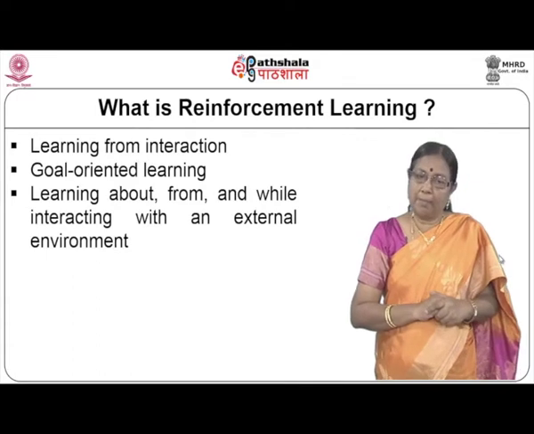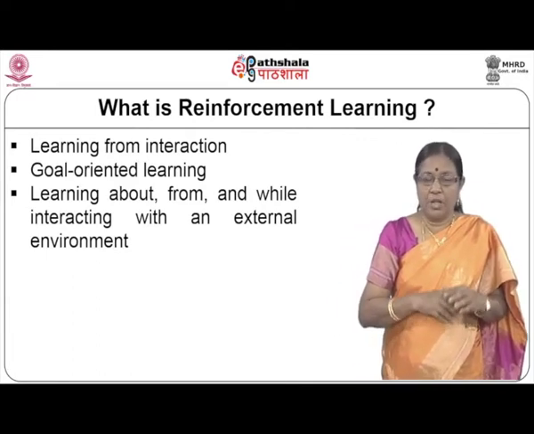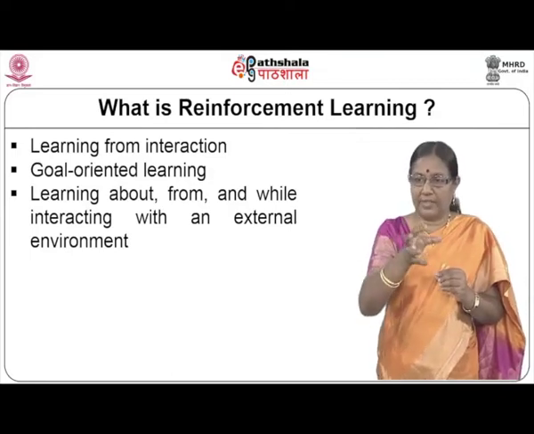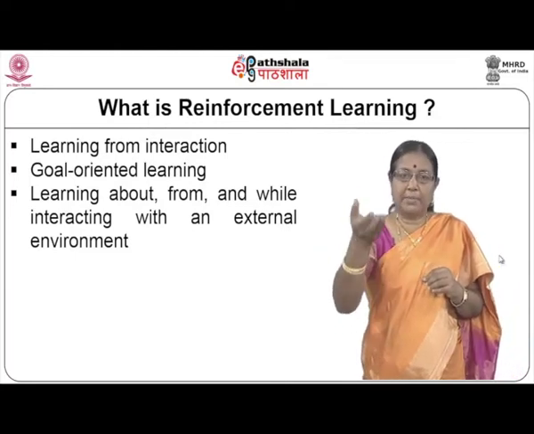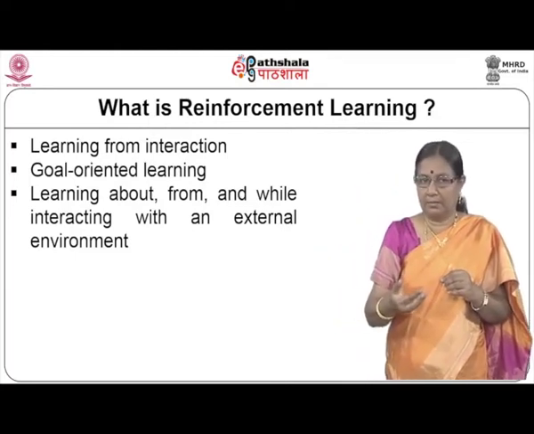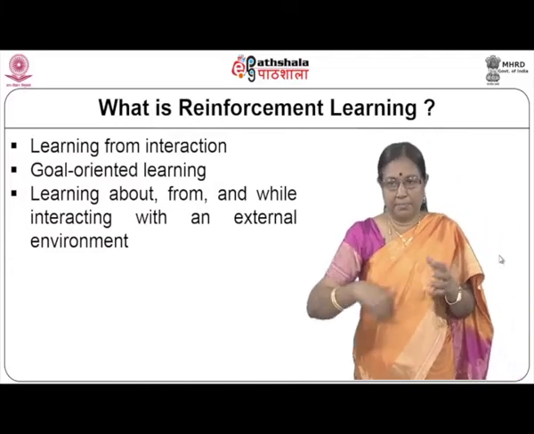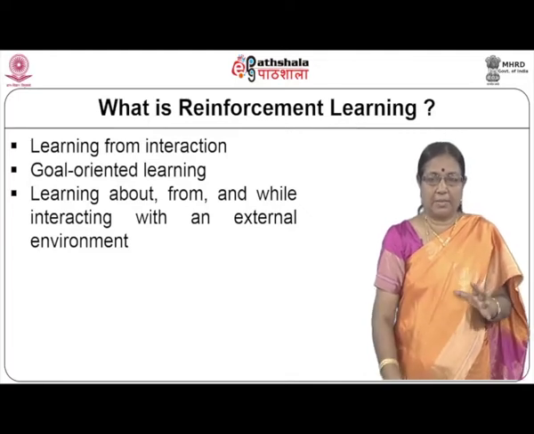It is learning about, from, and while interacting with an external environment. Based on the state of the environment you do an action on the environment and the environment gives you feedback. So, you are learning from the environment and about the environment, and you are interacting with the external environment.